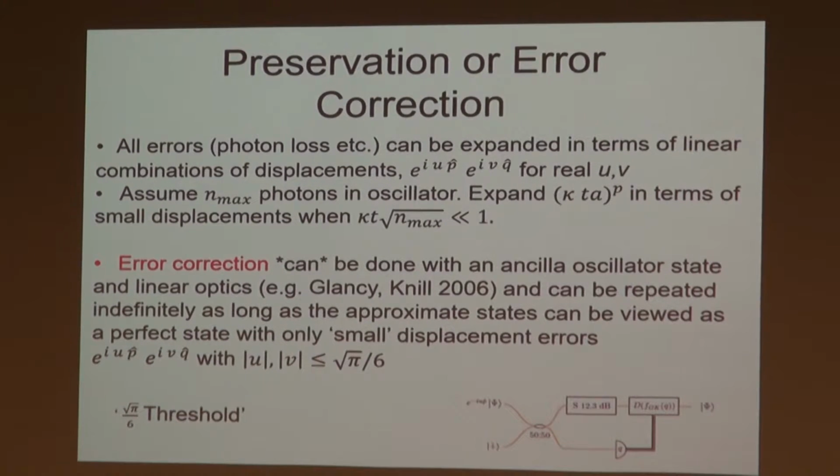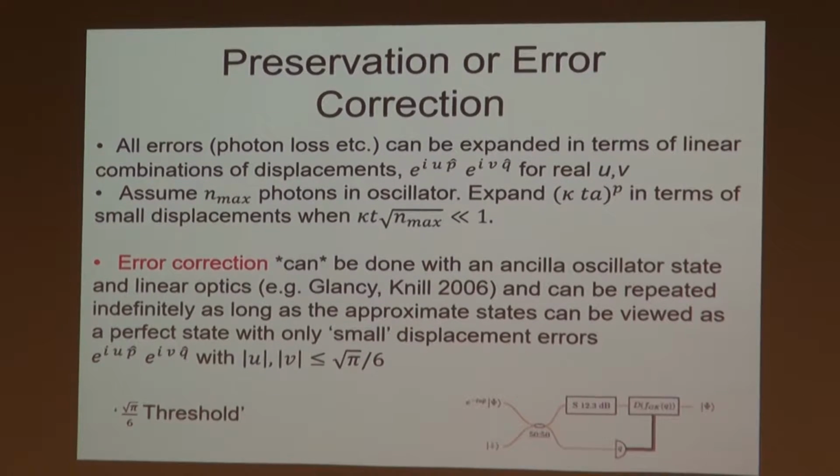Is this related to the square root of pi over 2 limitation? Yes, in some sense. If the coherent state is big enough, then a tiny phase error would rotate the state over there, but this is not what I want, right?